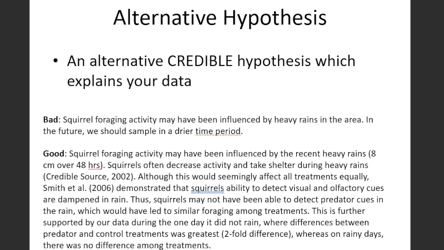Thus, squirrels may not have been able to detect predator cues in the rain, which would have led to similar foraging among treatments. This is further supported by our data during day one when it did not rain, where differences between predator and control treatments were greatest, a twofold difference, whereas on rainy days there was no difference among treatments. This is a good explanation and an alternative credible hypothesis.